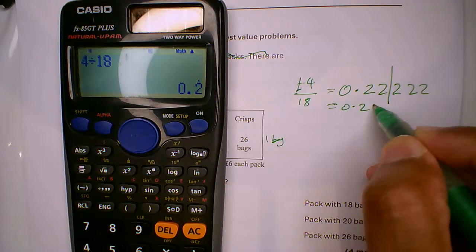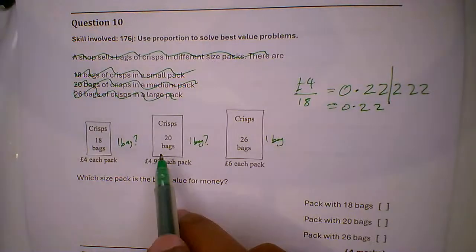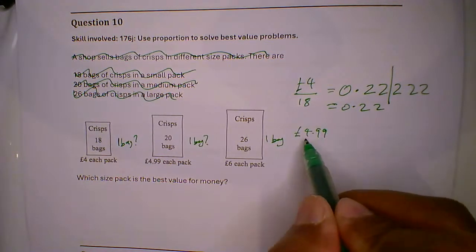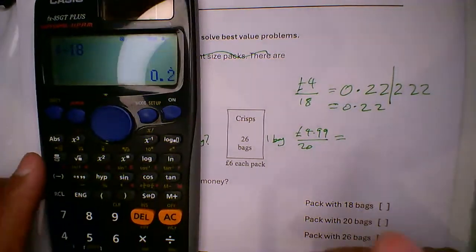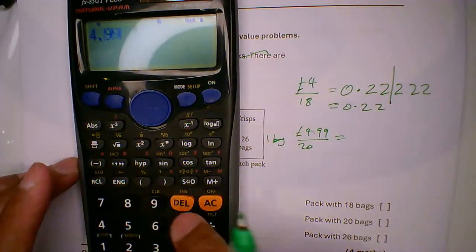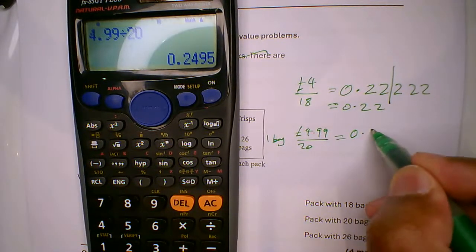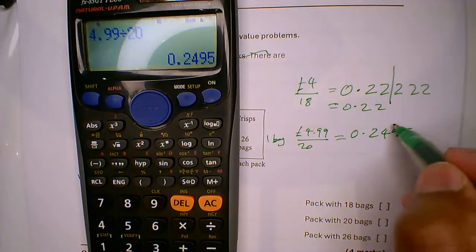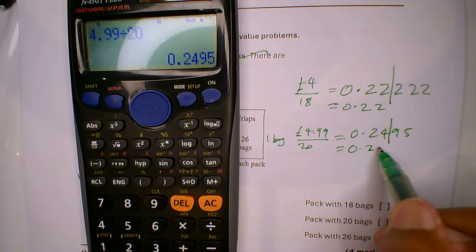So in terms of pounds and pennies, it's 0.22. The next one, we've got 4.99 divided by 20 bags, which gives us 0.2495. So that rounds up to 0.25.